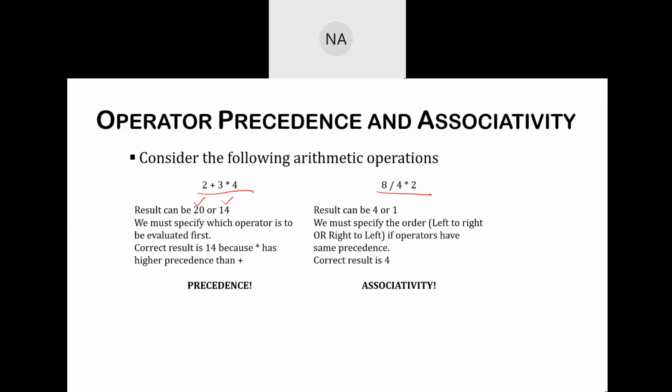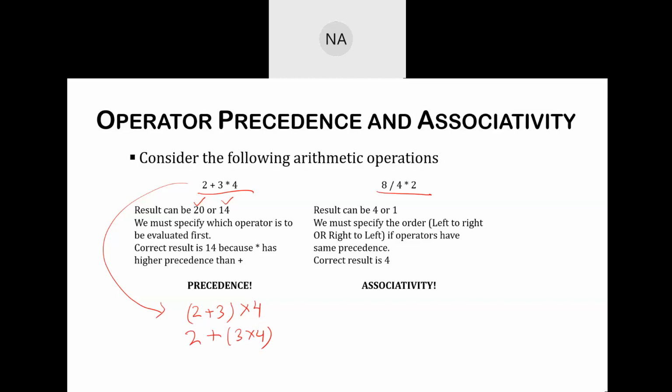So either you must specify which operator is to be evaluated first. One way is using parentheses: you can write this expression as (2 plus 3) into 4 or 2 plus (3 into 4). So this expression can be written unambiguously using parentheses, but if no brackets are specified, then there is ambiguity.